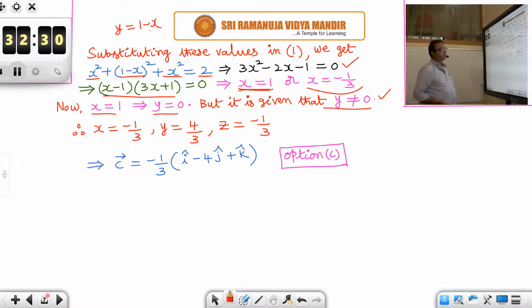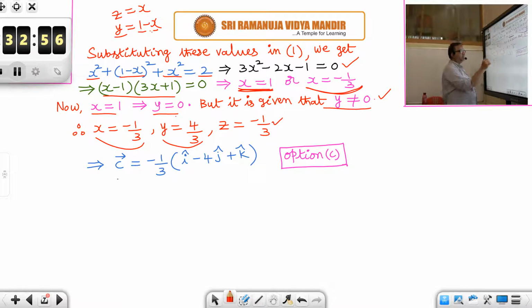Therefore, let us go forward. So x cannot be 1 because y is becoming 0. So the only option left is x equal to minus 1 by 3. If x equal to minus 1 by 3, y is equal to 1 minus of minus 1 by 3, that is 1 plus 1 by 3, 4 by 3. And of course z is equal to x directly. Therefore z equal to minus 1 by 3.